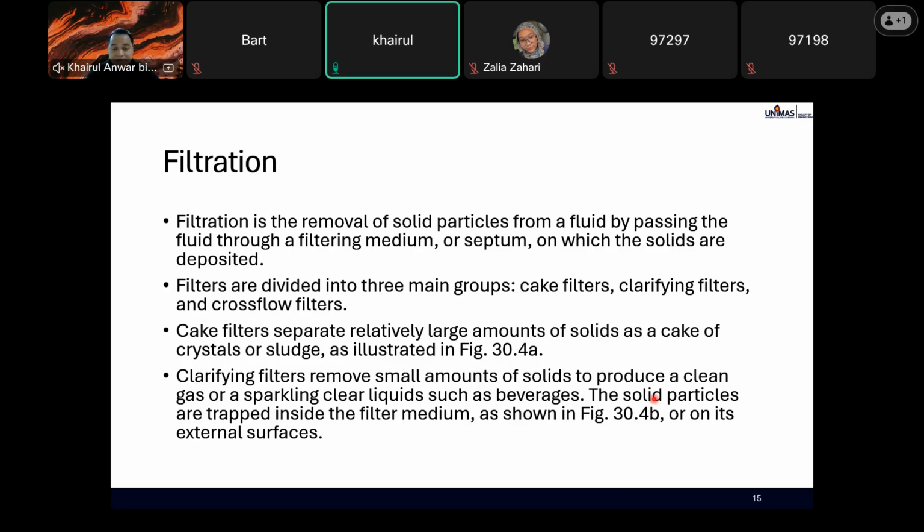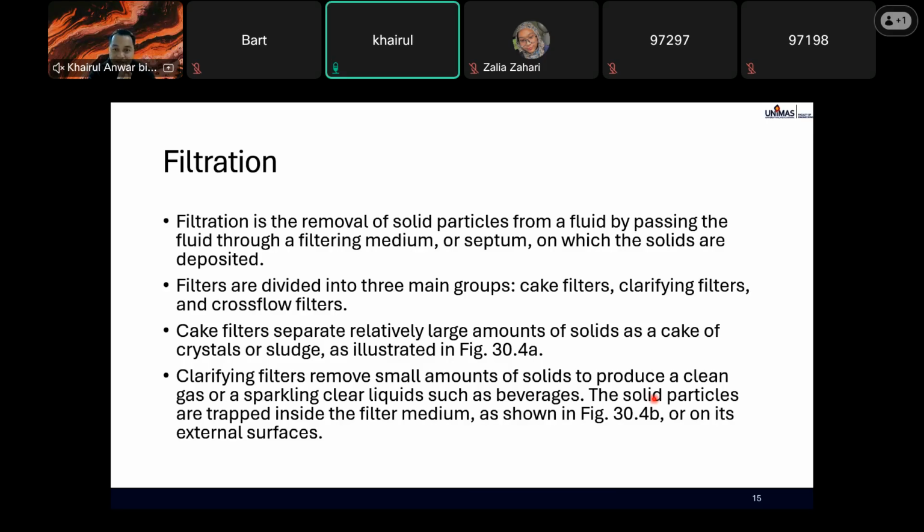So what happens when you have a filter? Maybe the first few hours, few days, the membrane is doing the filtration. After some time, there will be sedimentation on the surface of the membrane or filter.